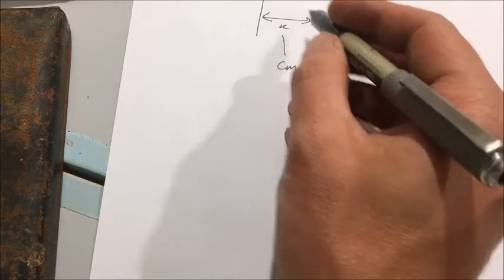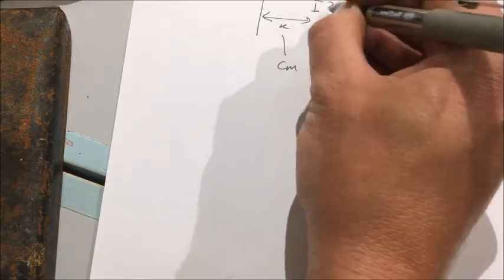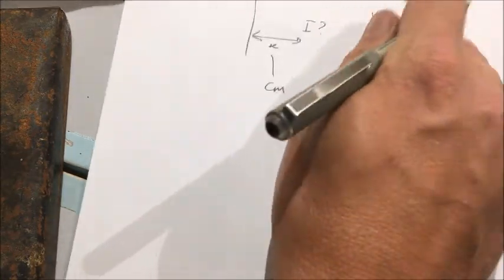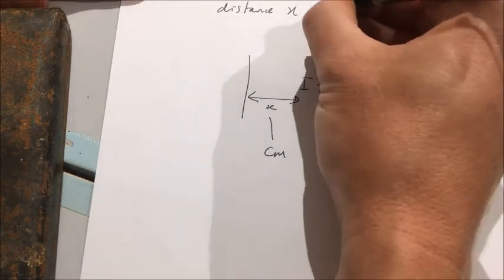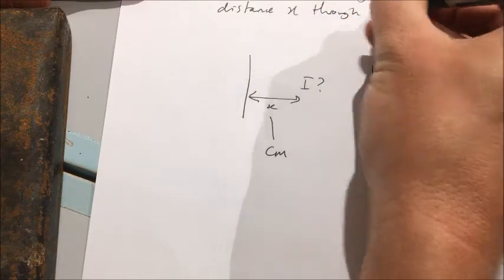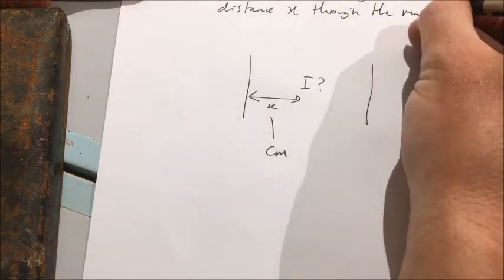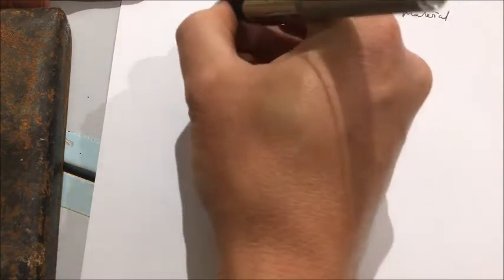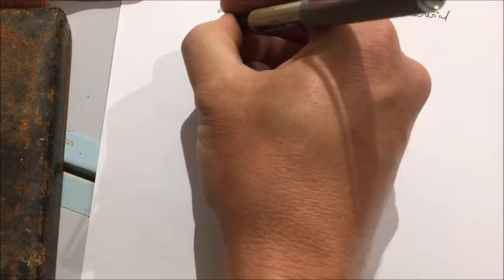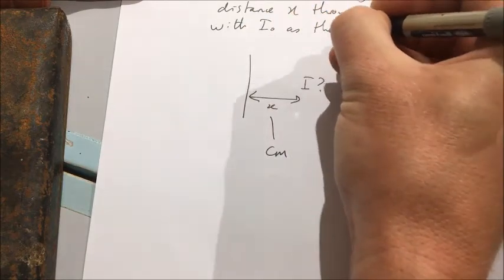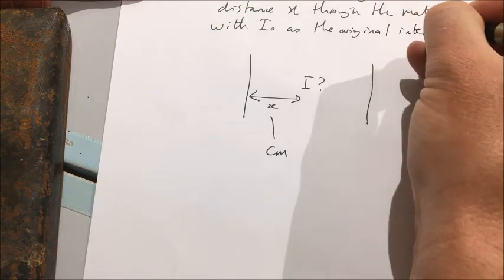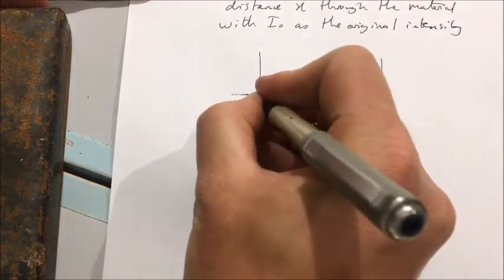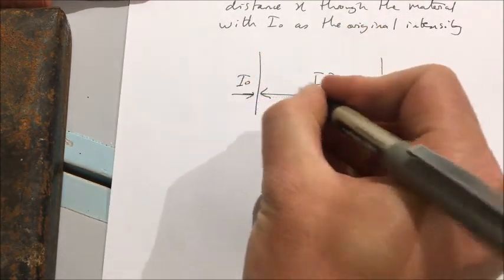So that's the distance x. It's saying what is the intensity here. Okay, so that's what we mean by I, at that distance x through the material, with I0 as the original intensity.